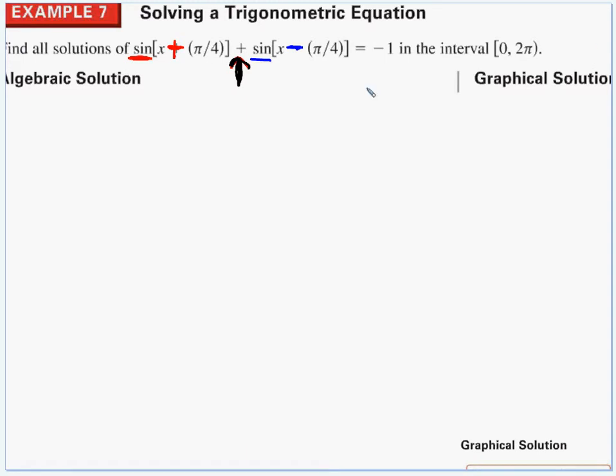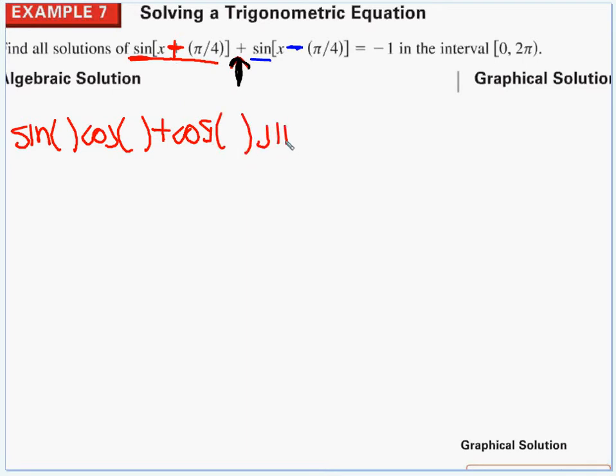First up, sine of a sum, and that's in red. The sine of a sum is, the pattern will be sine cos plus cos sine. Sine cos plus cos sine. And then here's our plus.